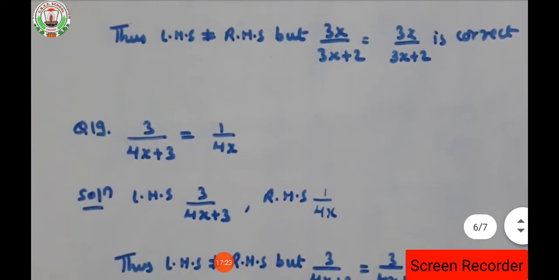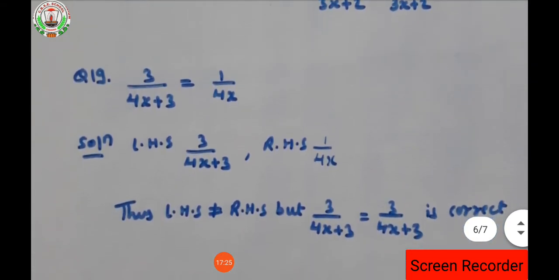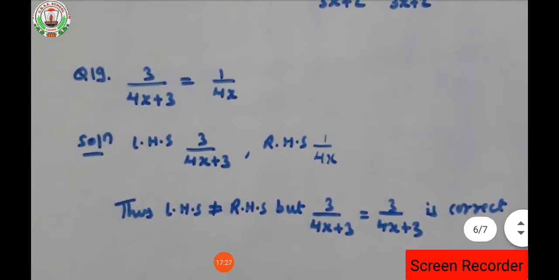Okay. Now, look at the 19th question. What we are having in the 19th question is 3 upon 4x plus 3 is equals to 1 upon 4x. Since in the numerator it is a monomial and the denominator is a binomial, again we can't separate, isn't it? So 3 upon 4x plus 3 is the LHS part, whereas 1 upon 4x is the RHS part.